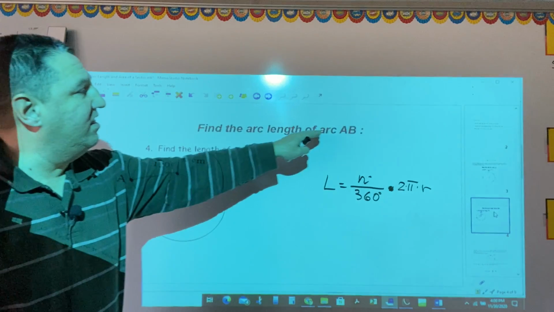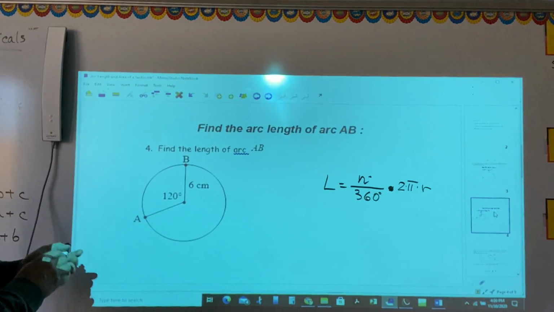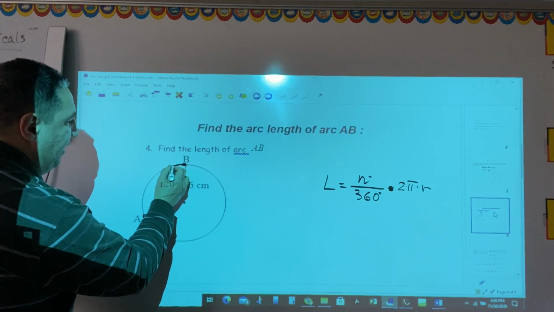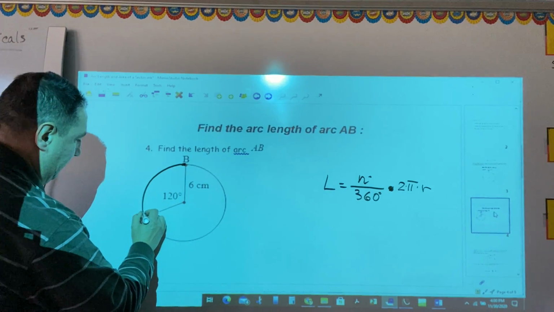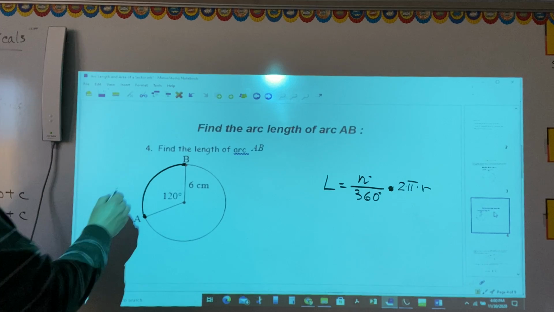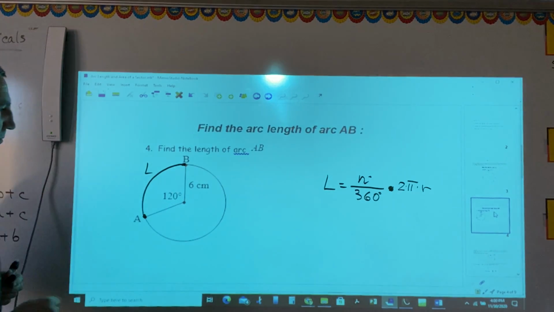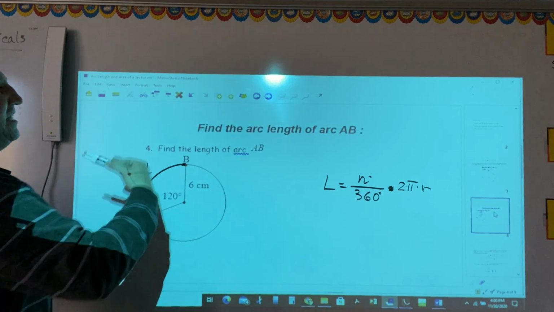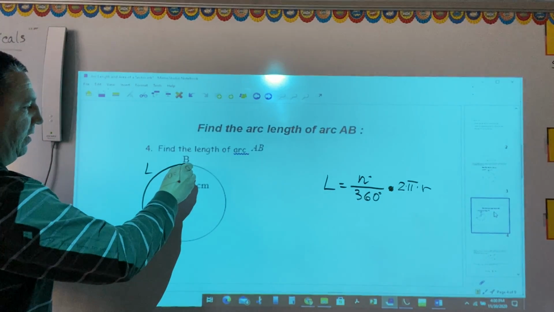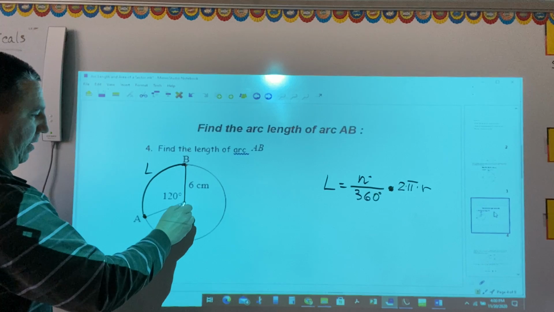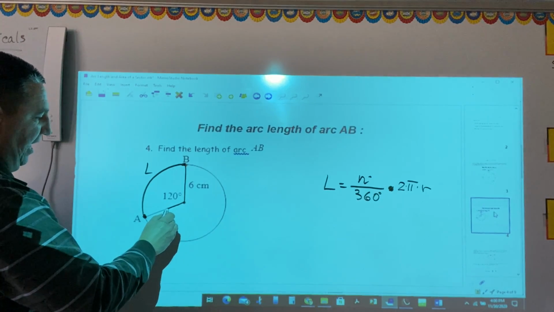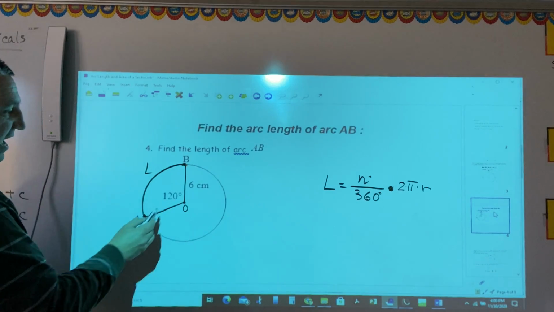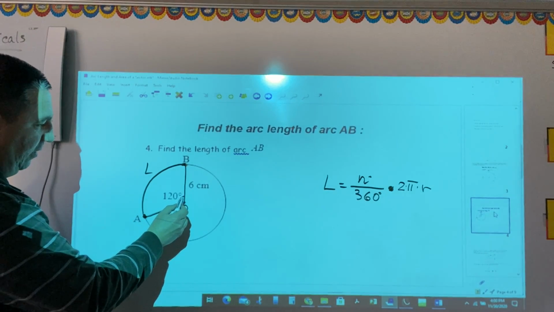Now, let's have an example. Find the arc length of arc AB, in other words, the length of this arc. Let's say L. In this case, we know the central angle of the radii, let's say OA and OB, which is 120 degrees.